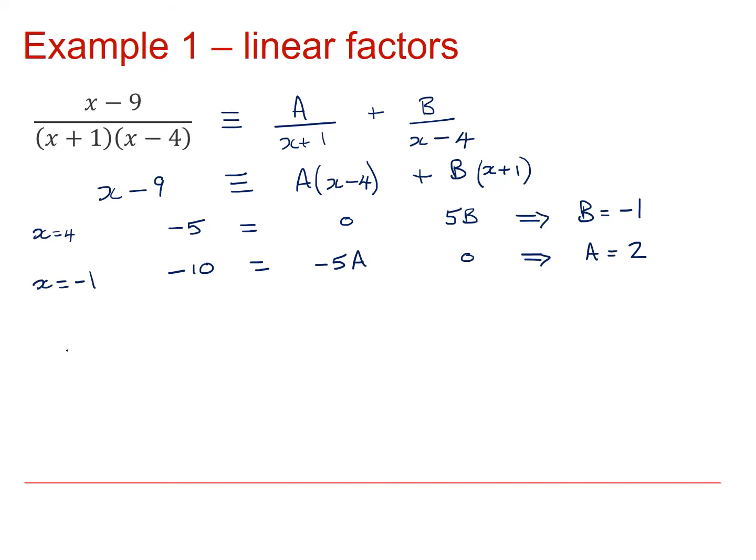And so now I can write that my original fraction, x minus 9 over x plus 1 x minus 4, is equal to 2 over x plus 1 minus 1 over x minus 4.